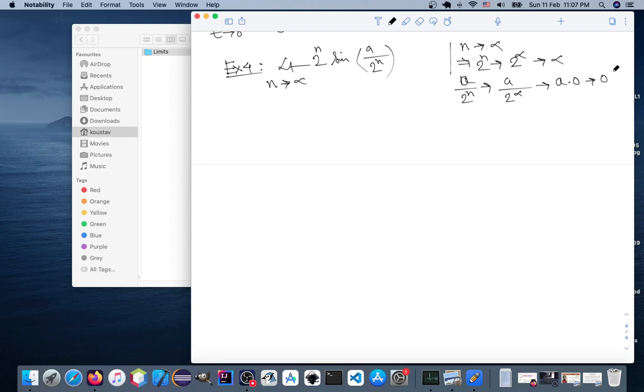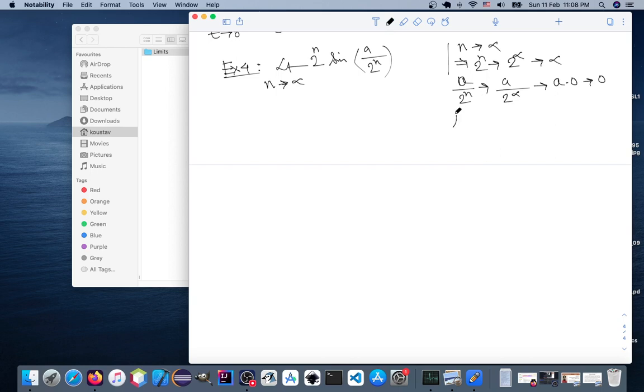So therefore, 2 to the power n is tending to infinity, and a by 2 to the power n is tending to 0. So sine a by 2 to the power n will tend to sine 0, will tend to 0. Therefore, this is of the form infinity times 0.